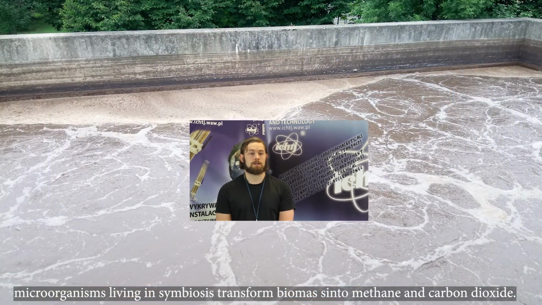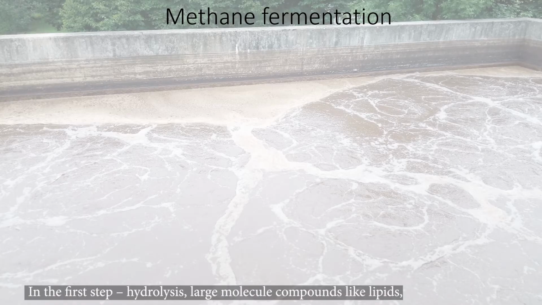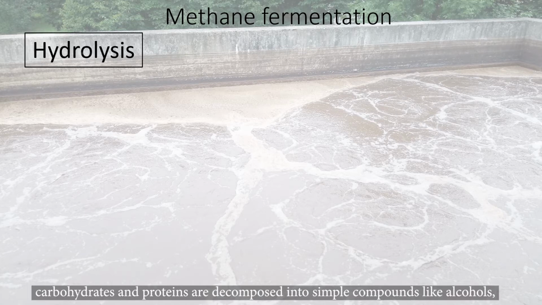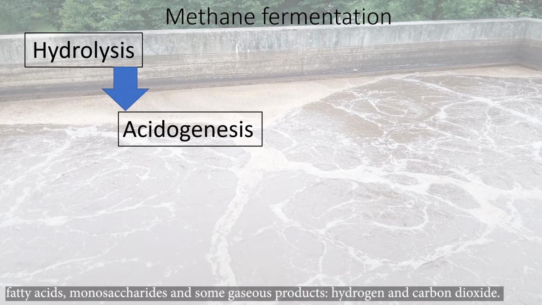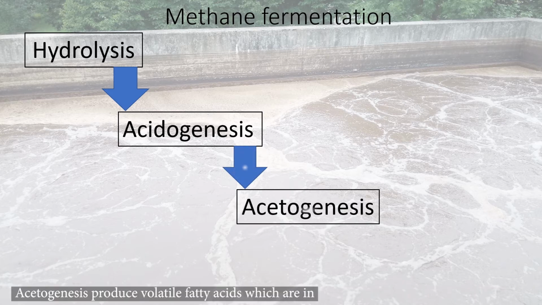Anaerobic digestion, or methane fermentation, is a multi-step biological process where different microorganisms living in symbiosis transform biomass into methane and carbon dioxide. In the first step, hydrolysis, large molecule compounds like lipids, carbohydrates and proteins are decomposed into simple compounds like alcohols, fatty acids, monosaccharides and some gaseous products, hydrogen and carbon dioxide.